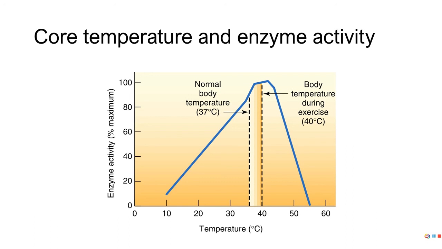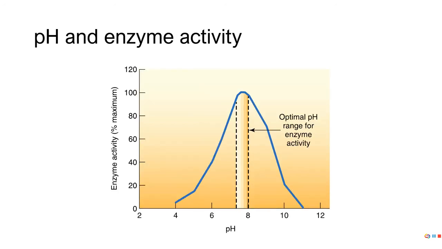However, as we increase or decrease away from 40 degrees Celsius, enzyme activity slows down, and so it's more difficult for enzymes to do their thing. Similarly, typical body pH is in the sweet spot for enzyme activity. Normally we're at about 7.4. As pH moves away from typical values, enzyme activity slows down. And this is because pH, or acidity, affects the chemical structure of enzymes and all the other proteins that are in your body.